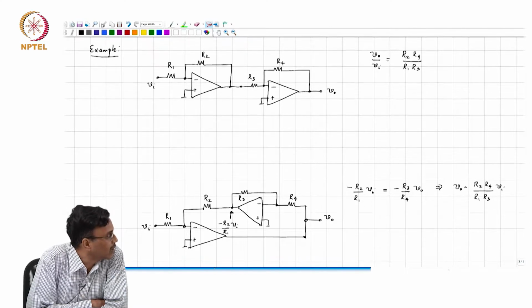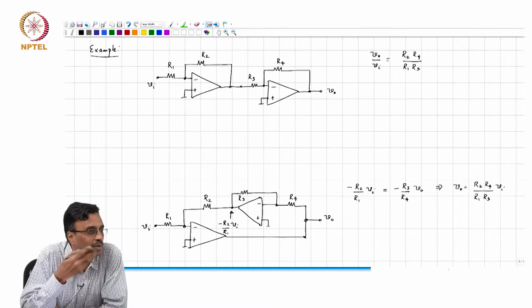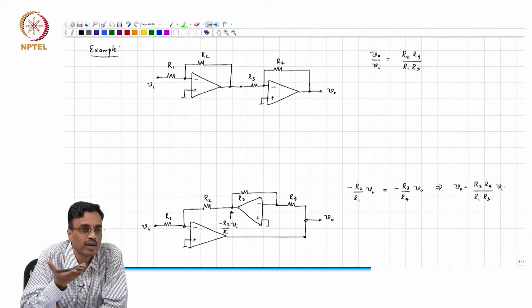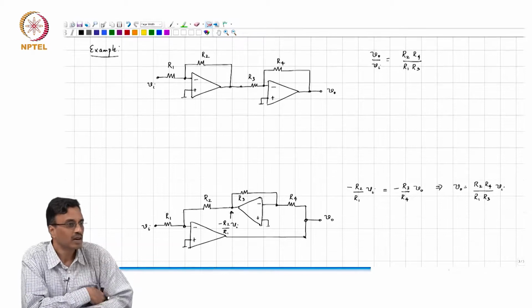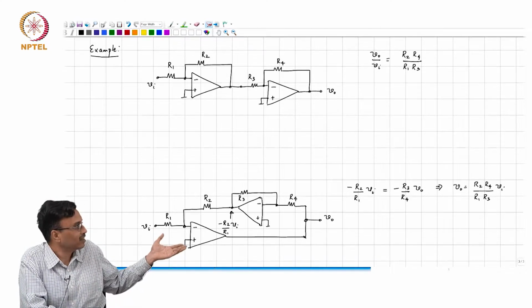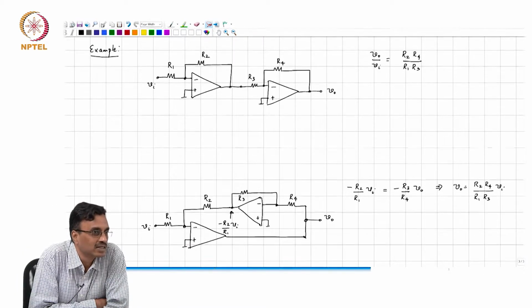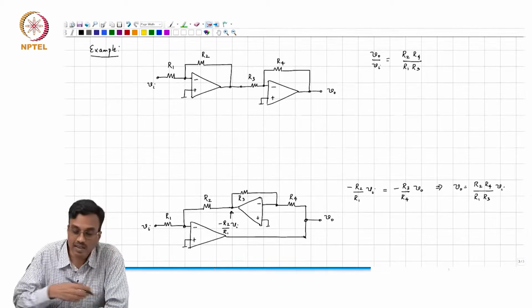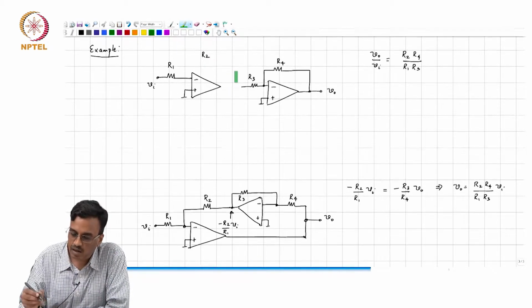What comment can you make about the circuit on top and the circuit below? They look the same, or they look different, or you don't care, or what? They look very, very different, right? But it turns out, amazingly, that you get the same transfer, not merely the same output, but also remember the junction here.